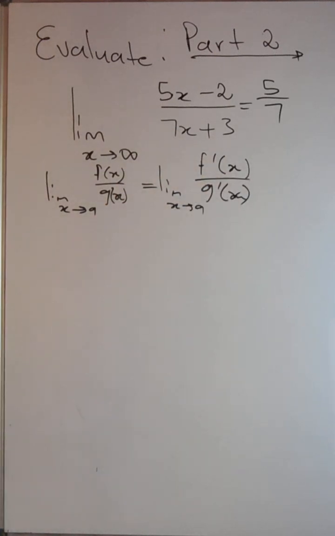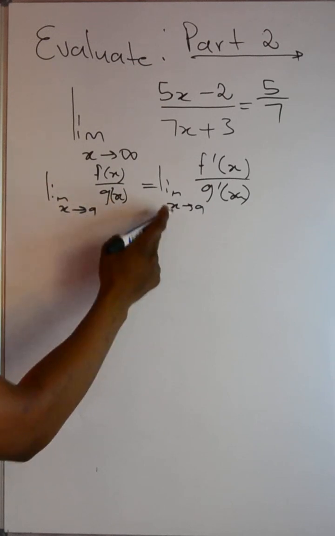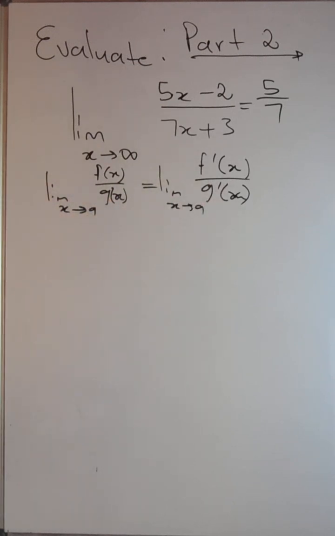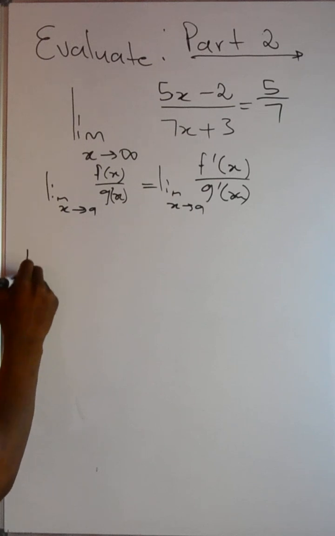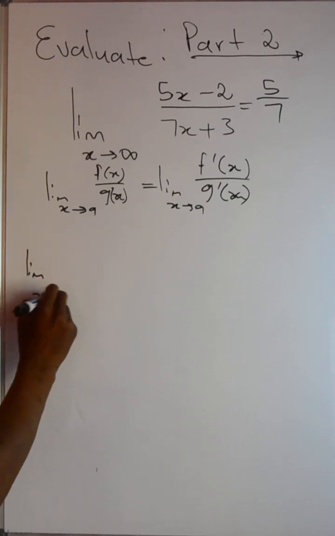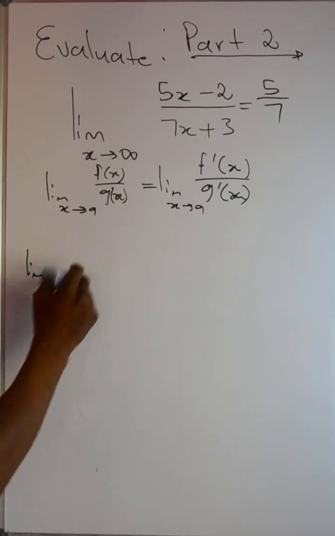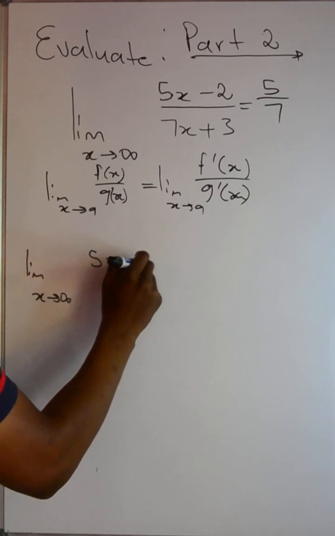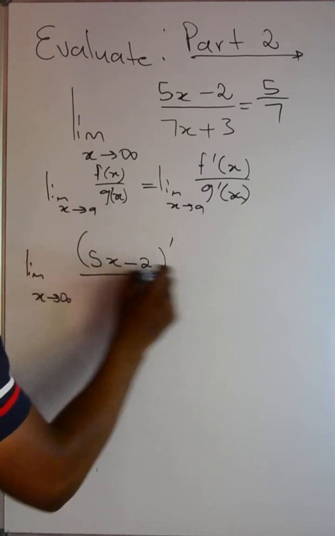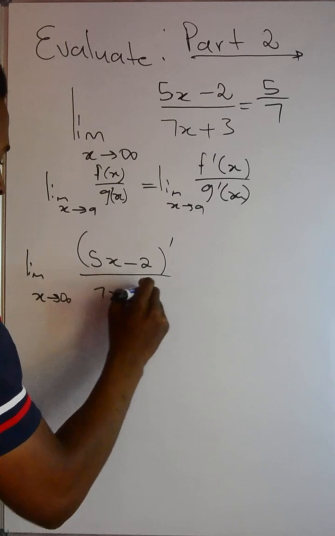So we know this. Since this part gives us 5 over 7, this part must also give us 5 over 7. Now we can say the limit of x approaching infinity of the derivative of 5x minus 2 over the derivative of 7x plus 3.